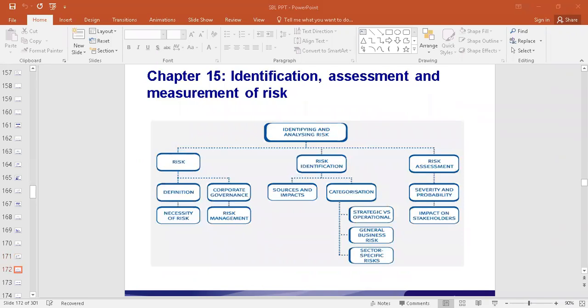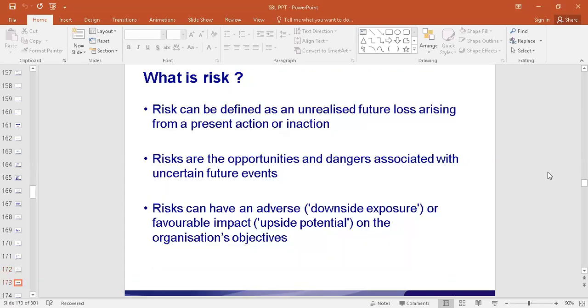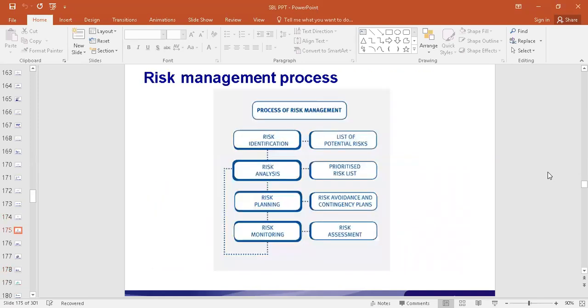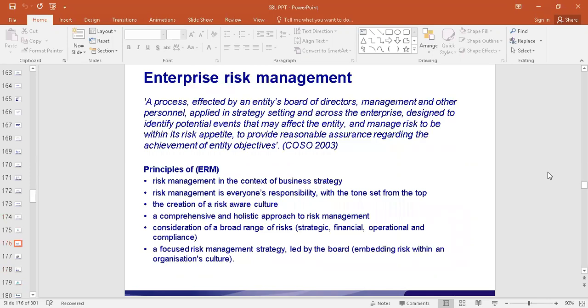We'll go for a break because the next thing is risk identification, assessment, and measurement of risk. That's chapter 15. We will be studying in detail and extensively about risk management, right from understanding the meaning of risk to the process of managing risk.